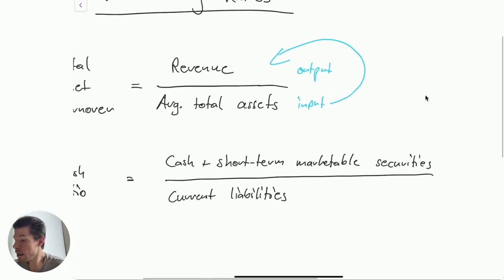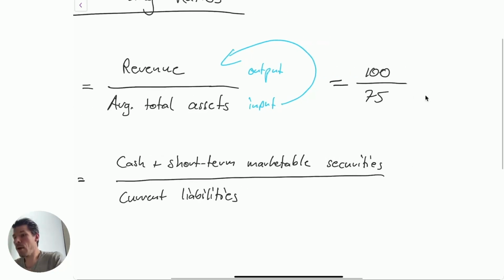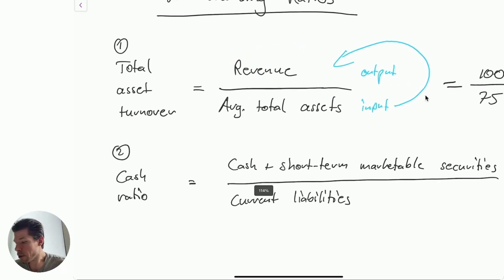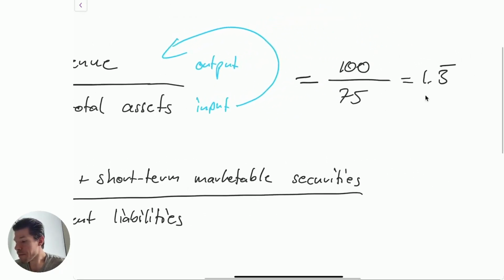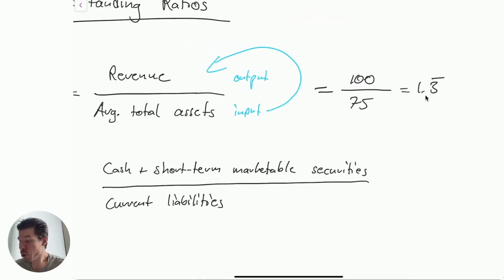So here, if we put 75 total assets in and the company generates 100, then our total asset turnover is 1.3. And again, how do you know whether the number should be higher or lower?